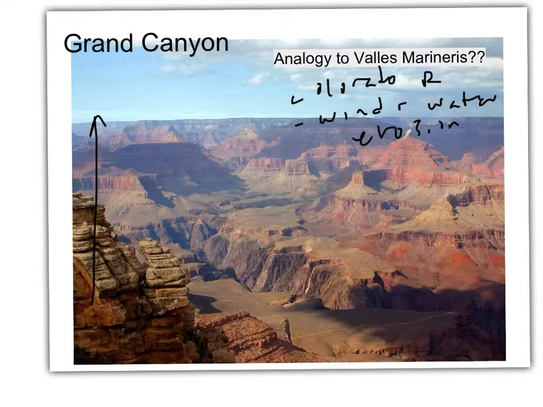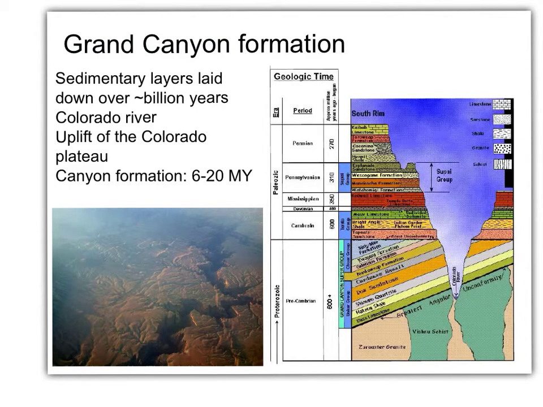So, is that a good analogy to help us understand Valles Marineris? I just went kind of through this. We've got the Grand Canyon, we've got the Colorado River cutting through, exposing all these sediments.